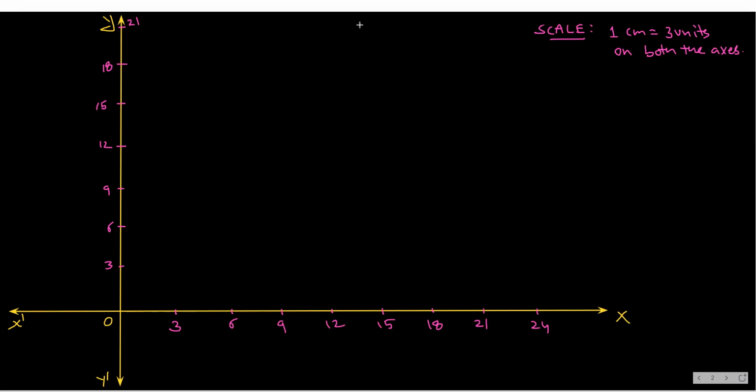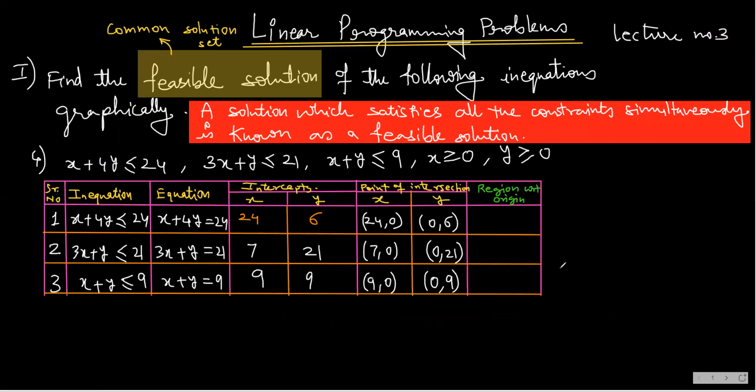So here I have one point, (24, 0), and the other point that I have is (0, 6). These are the 2 points I have, (24, 0) and (0, 6).